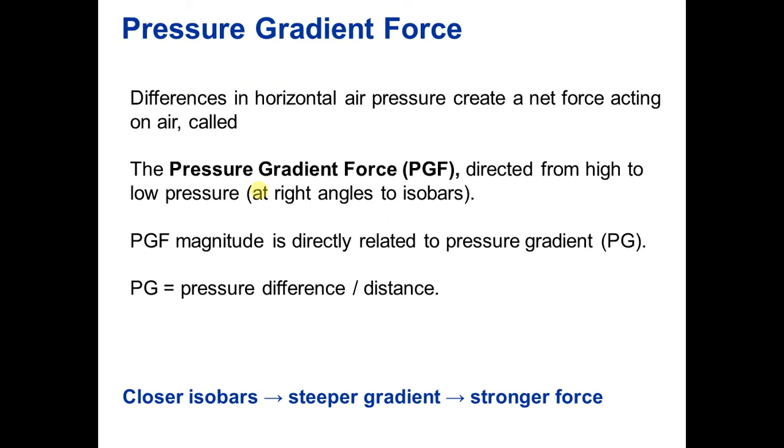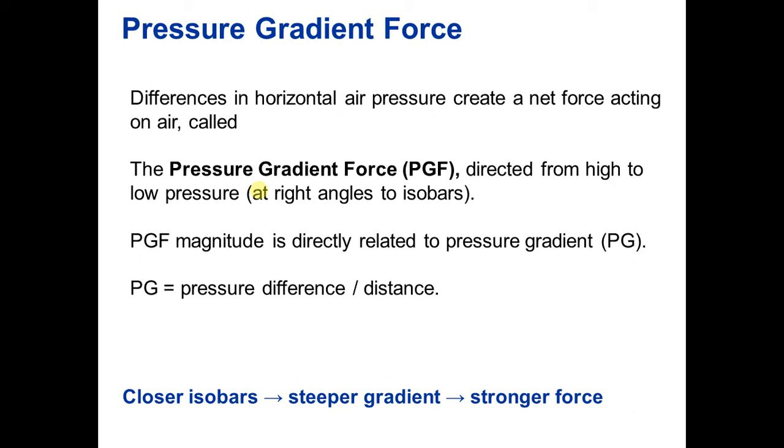Okay. Now, differences in horizontal pressure create a net force acting on air, and it's called the pressure gradient force. It can be abbreviated PGF. It's always directed from high to low pressure at right angles, 90-degree angles, perpendicular angles to the isobars. Recall the isobars are lines of constant pressure. The pressure gradient force magnitude, in other words, the strength of the pressure gradient force, is directly related to the pressure gradient.